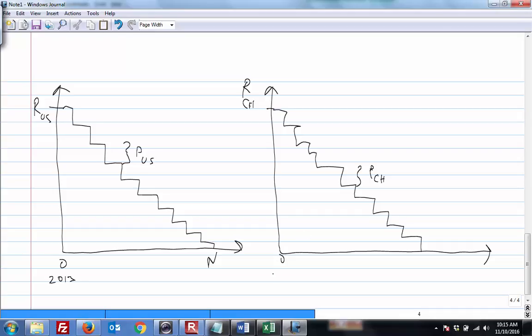So what we're trying to do here is predict, so this is gonna be N US and N China. So the equation, let's see if we can do this. N US, the number of years left, should just equal the reserves, US, over the production in the US, right?